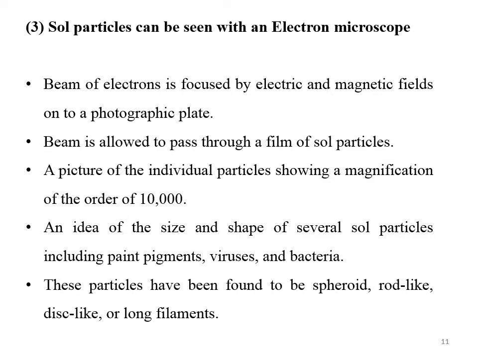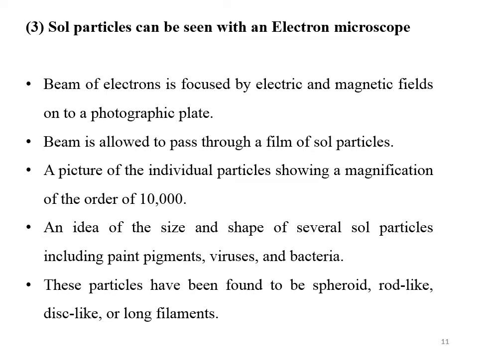The next optical property: sol particles can be seen with an electron microscope. In an electron microscope, a beam of electrons is focused by electric and magnetic fields onto a photographic plate. This focused beam is allowed to pass through a film of sol particles.